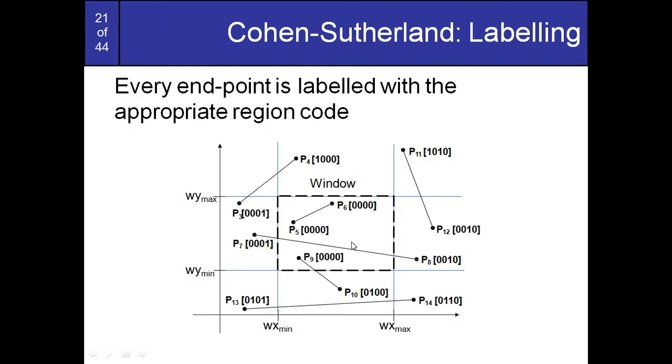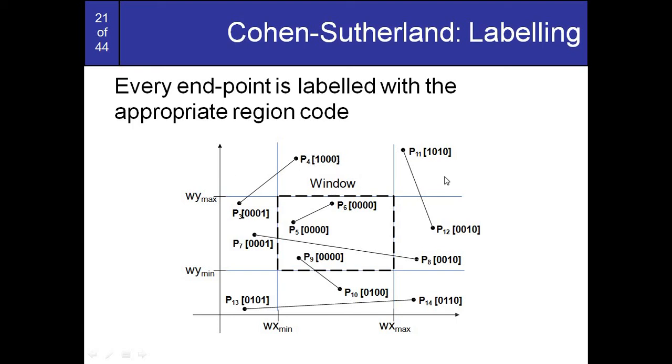Now every endpoint is labeled with the appropriate region code. In the example we saw, the different points will fall into one of these areas, and they are given values according to the top, bottom, left or right value. Now consider this point P4. It is in the top region.